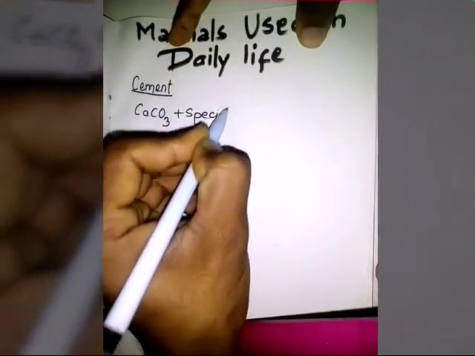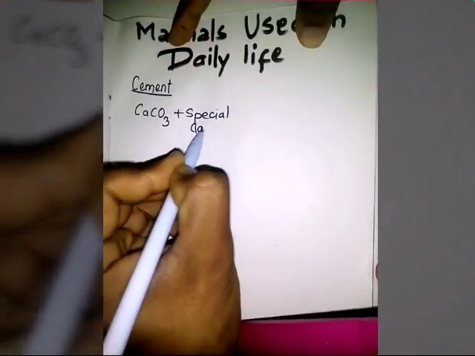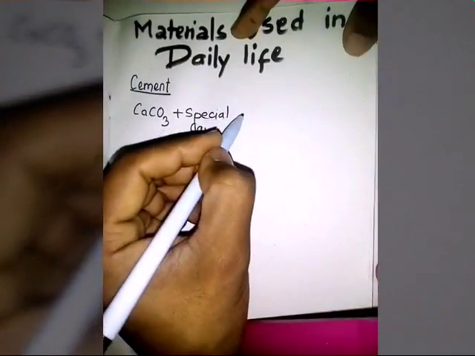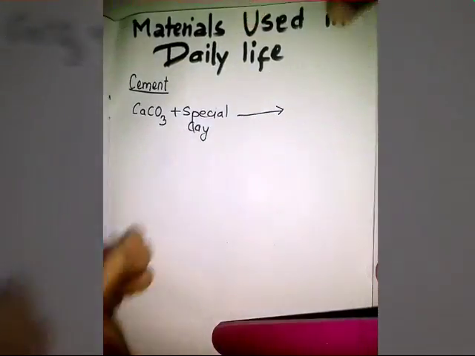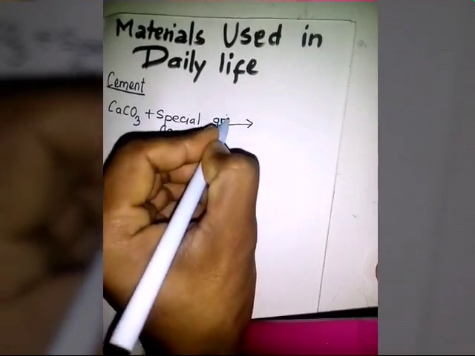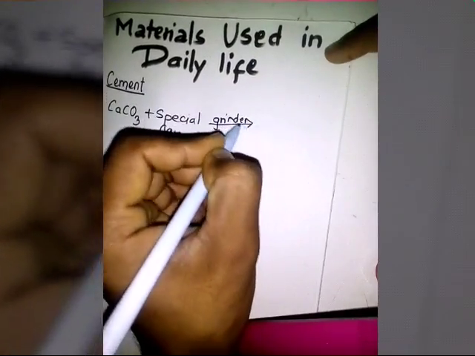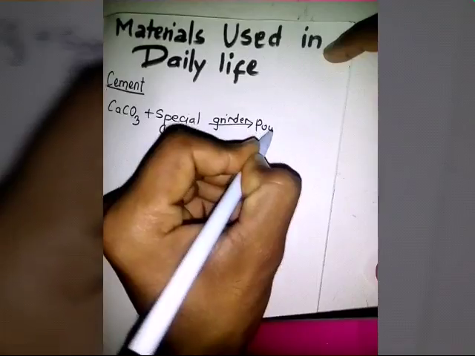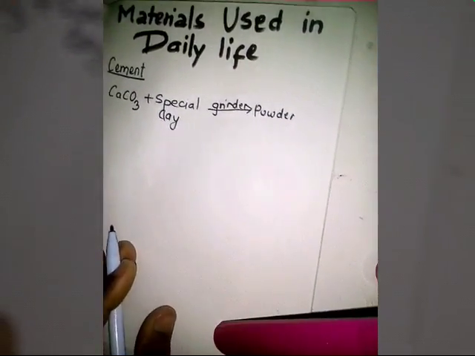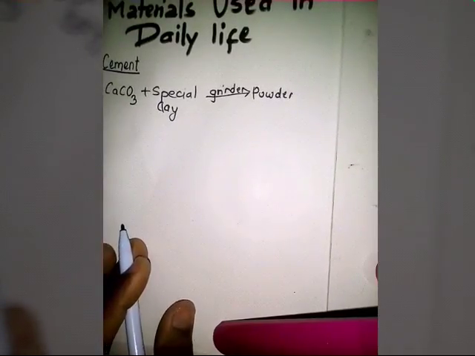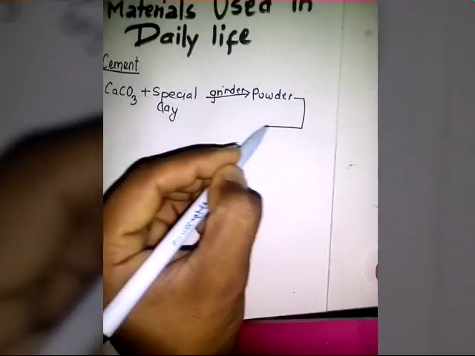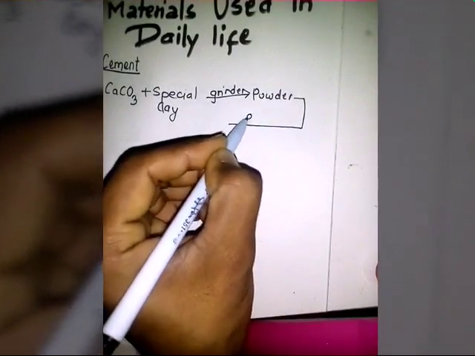Now we take these two things and keep them in a grinder, and they are made into powder. Definitely a grinder makes the powder form. Once we get the powder form, it is kept in a rotary kiln.